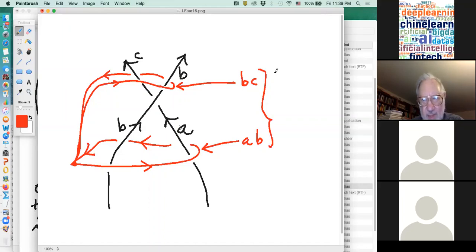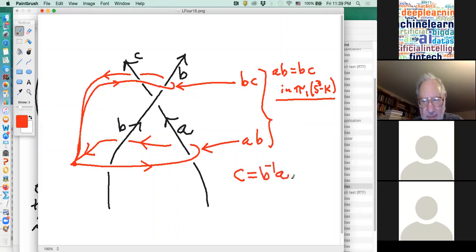So that implies that AB equals BC in the fundamental group of the three-dimensional space minus the knot. Or in other words, C is equal to B inverse AB. Remember that? That's our quandle operation. So what we're finding out is that the fundamental group has one relation for every crossing. And it is exactly this conjugation relation that we saw was a quandle structure.